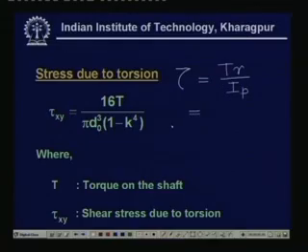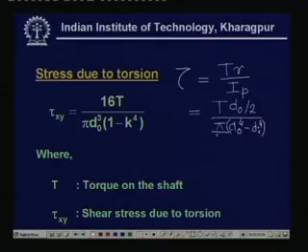Again, considering the same example of a hollow shaft, this comes out to be T d0 by 2 and IP will be pi d0 to the power 4 minus di to the power 4 divided by 32.